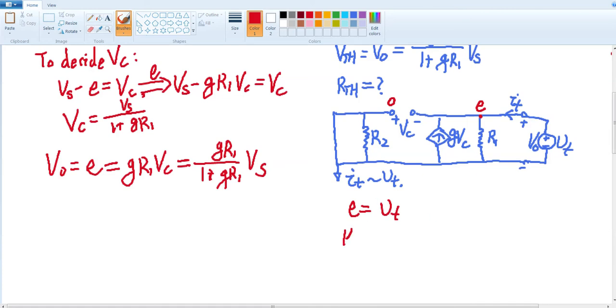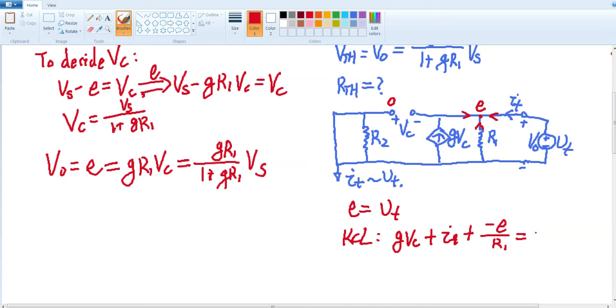Using KCL, we see there are 3 currents that we need to consider. One is this, which is GVC, and the other is this, which is the test current source, which we would like to calculate, as well as the current that goes through R1, which is given by minus E divided by R1.